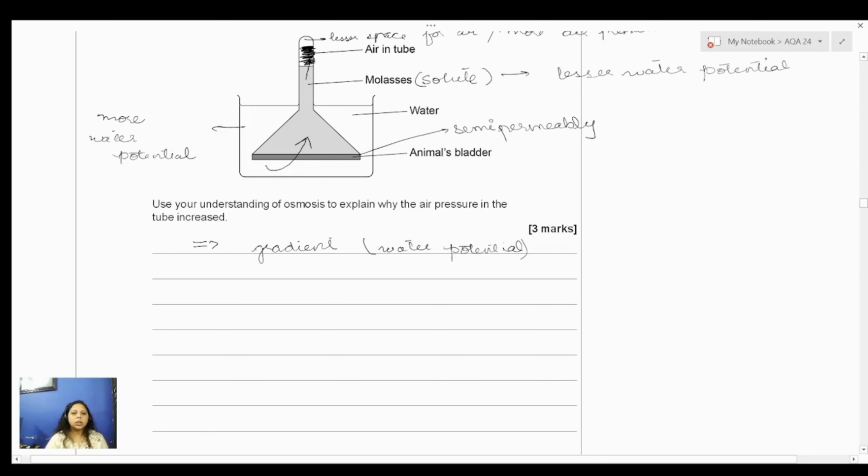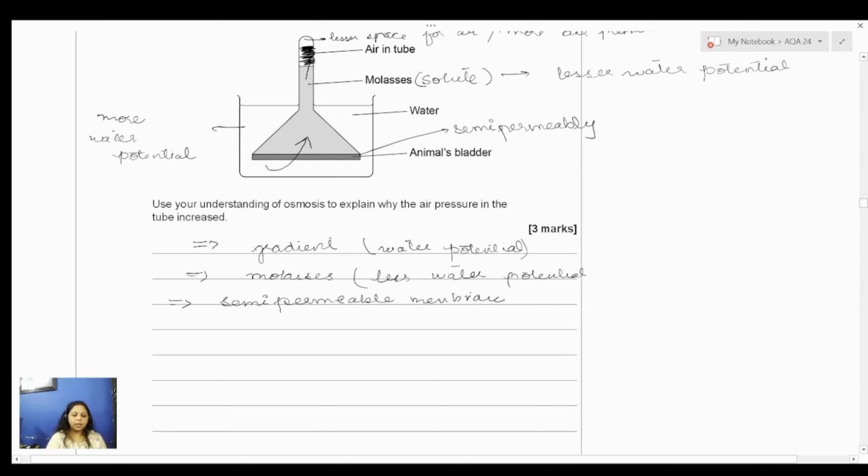Number two, mention that molasses is present inside the tube and it has lesser water potential that draws the water from the beaker into the tube through the animal bladder. So we say a semi-permeable membrane is present in the form of animal bladder.